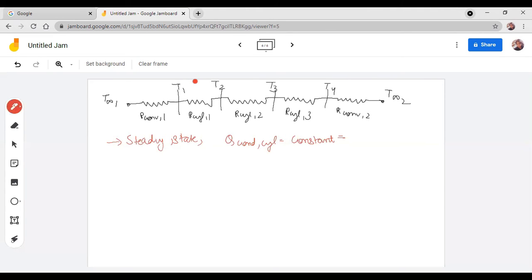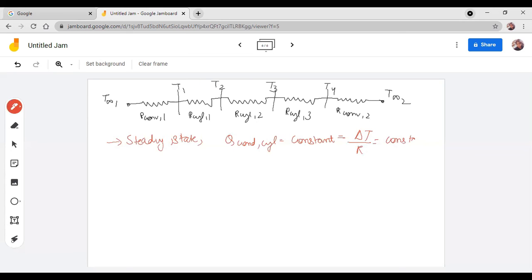So we can say that this Q conduction through cylinder is equivalent to the expression delta T by R, where delta T refers to the change in temperature and R is the thermal resistance. Because this Q conduction through cylinder is constant because of its steady state, this ratio delta T by R will also be constant.